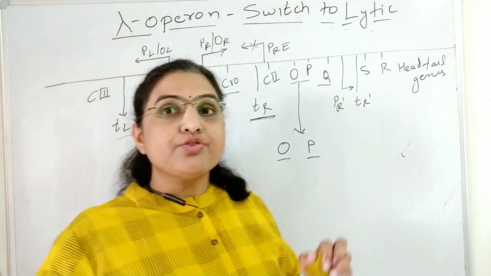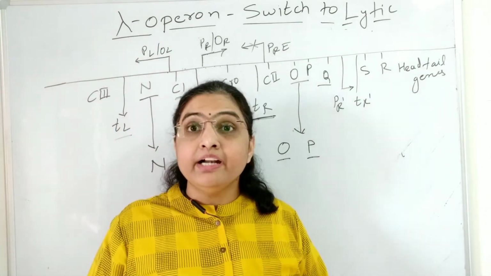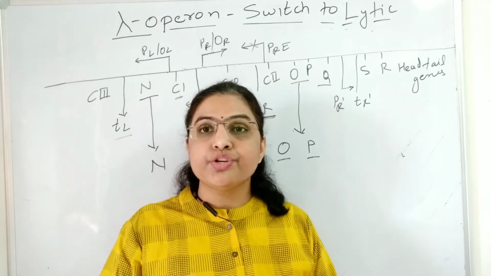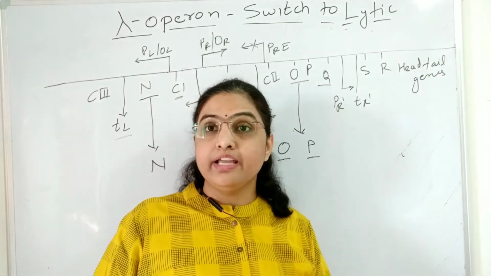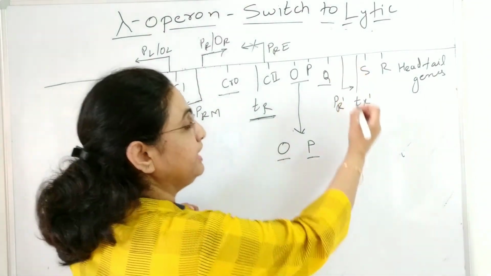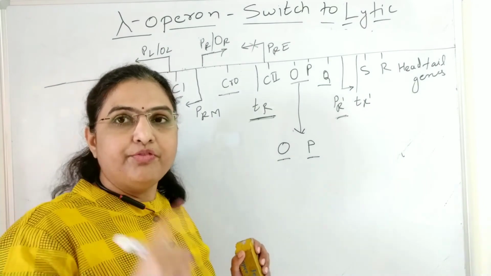Now replication has been started, so the DNA copies are going to be made, but those DNA copies have to be packaged into the head, and the complete head and tail structure has to be formed. For that purpose, the late genes have to be synthesized. So here, the late genes are under a promoter, and that promoter is PR prime. Which is that promoter?